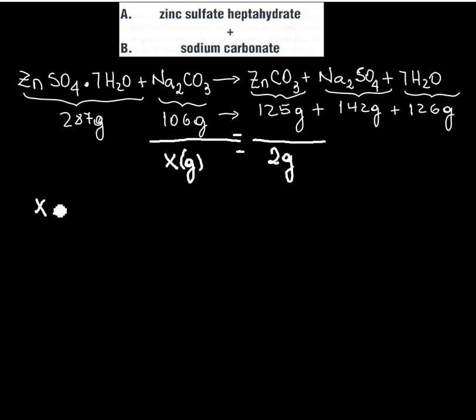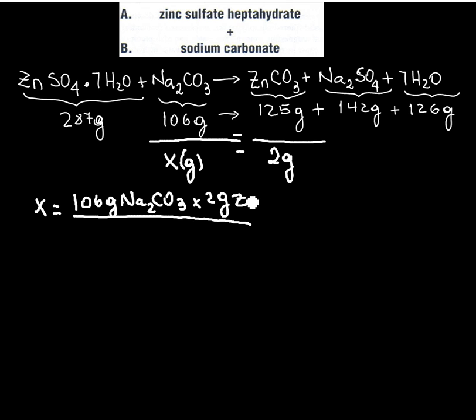So X in this case will be 106 grams of sodium carbonate, and now I'm going to put the units complete so we know if we are doing the correct thing or not, times 2 grams of zinc carbonate divided by what? 125 grams of what? Oh, I put 112 instead of 125. 125 grams of zinc carbonate.